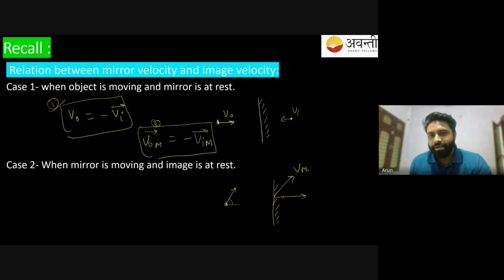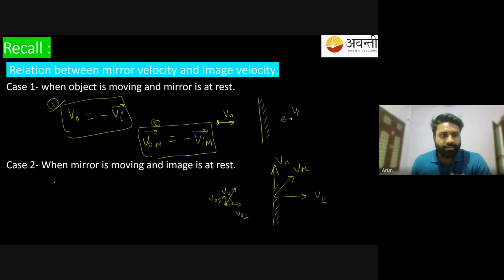We have two components: the perpendicular one, because it is perpendicular to the mirror, and along this the parallel component, if we are moving parallel to the mirror. Similarly, this is VO, this is VO perpendicular, and this is VO parallel.